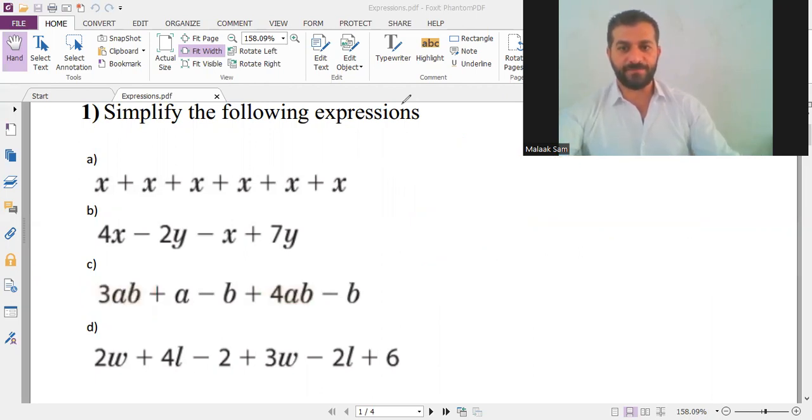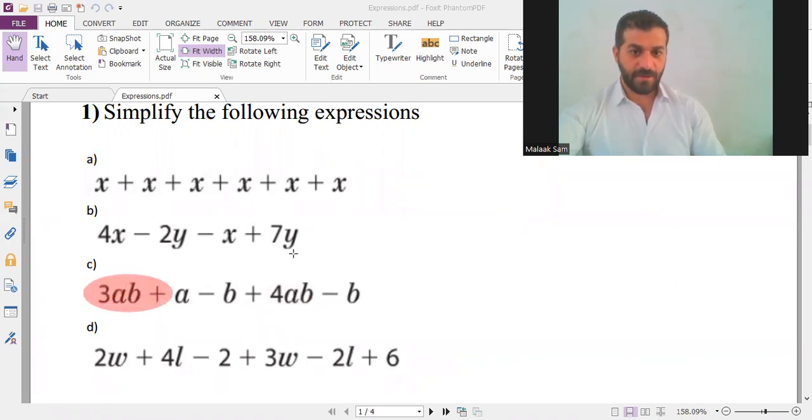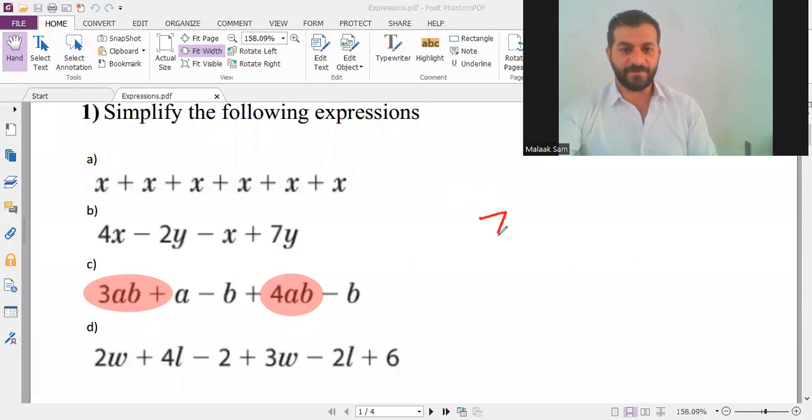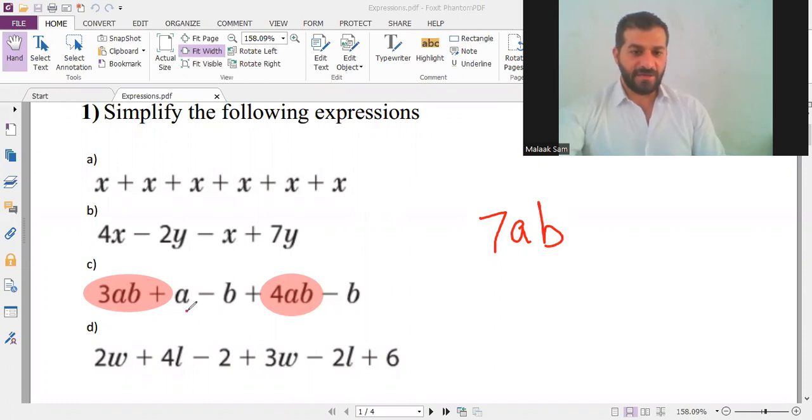I have 3ab and I have 4ab. They are like terms. So 3ab plus 4ab is 7ab. Okay. We have a, and a stands alone.